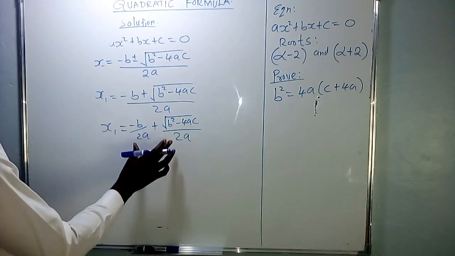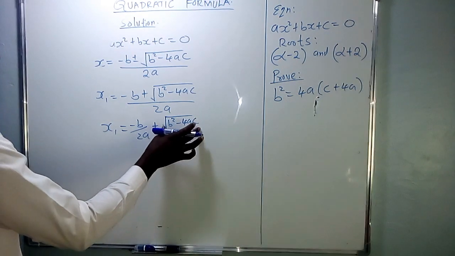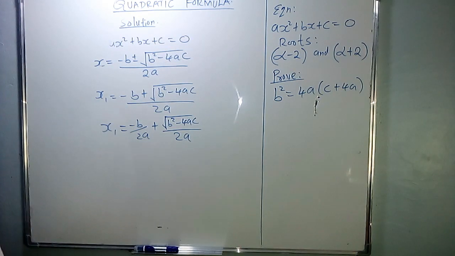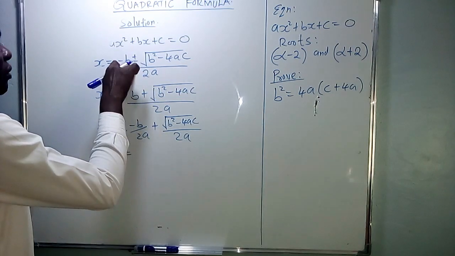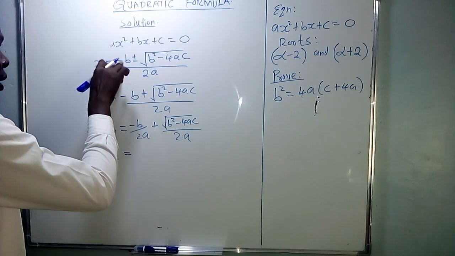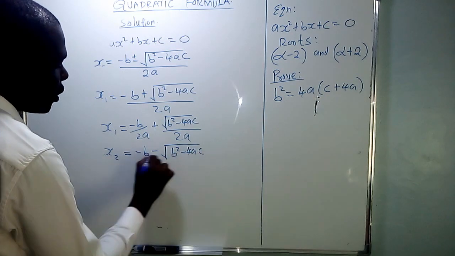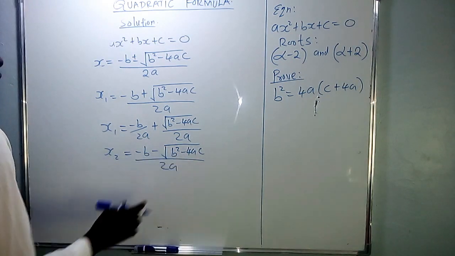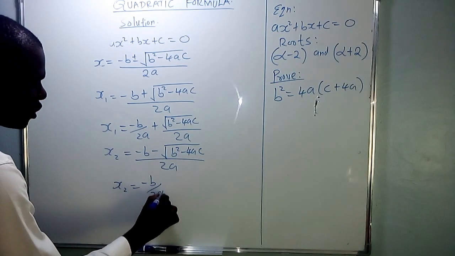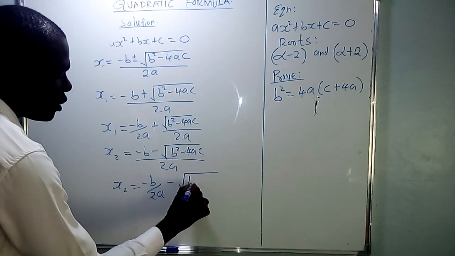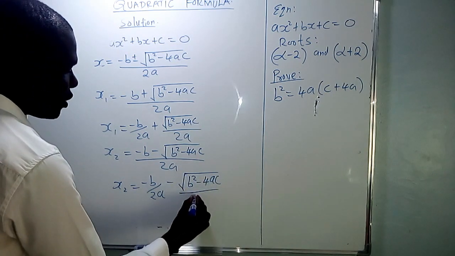Then the second root, we take the case whereby we have subtraction in the middle. So the second root will be minus b minus square root of b squared minus 4ac over 2a. With 2a as a common denominator, we have minus b over 2a minus root b squared minus 4ac all over 2a, isn't it?